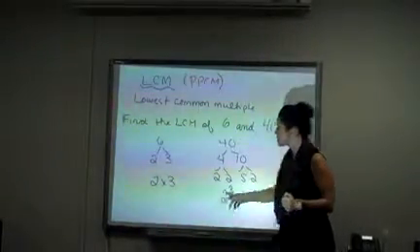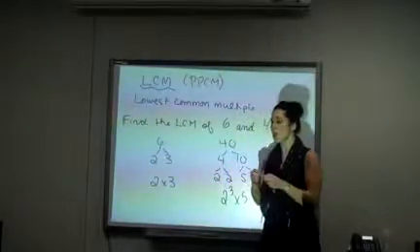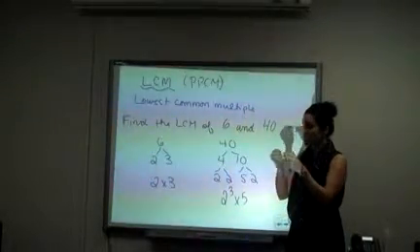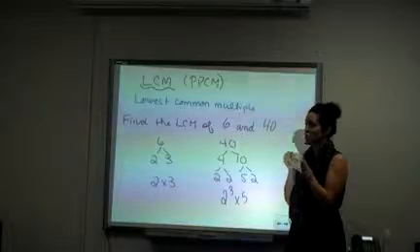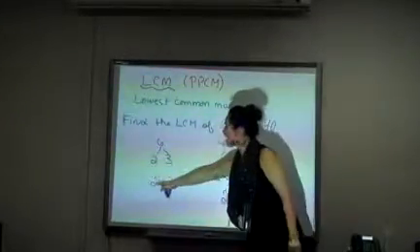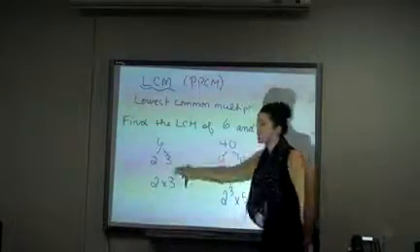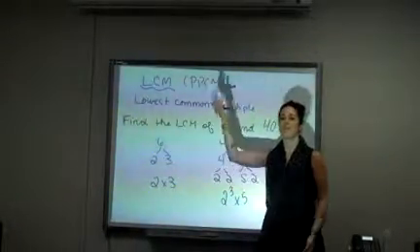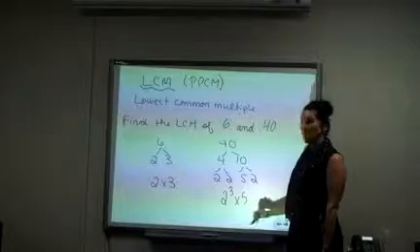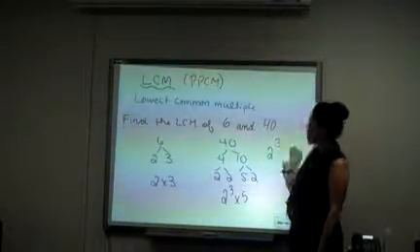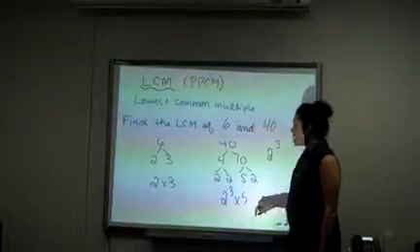And the reason we have to do this is because it really helps us to find what is the biggest common between the two that they have. So if I look at my prime factor, my prime number 2, I have 2 and I have 2 to the power of 3. You always take the one that has the biggest exponent. So 2 to the power of 3 would be part of my first answer. And then I look at 3.